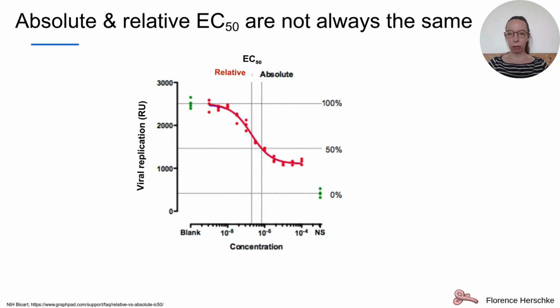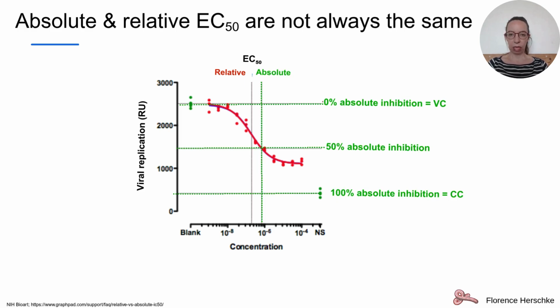Here is a graphical representation to help understand potential differences between absolute and relative EC50s. On the y-axis, the viral replication in relative units is shown, and on the x-axis, the compound concentration. The actual compound dilution series is shown in red.